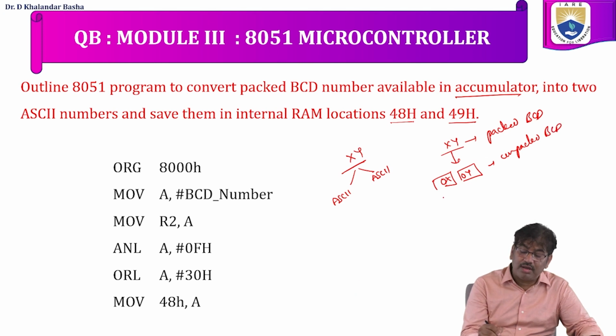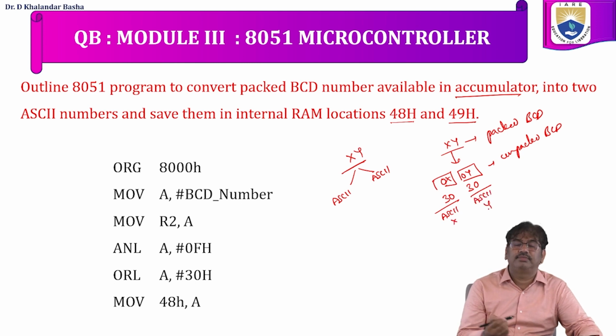Once we get the unpacked BCD, then we will get the ASCII digit of X and the ASCII digit of Y. If you observe here, in this data the upper 4 bits are cleared and the lower 4 bits are retained, whereas for X, the lower 4 bits are cleared and X, which is in the upper 4 bits, is moved to the lower 4 bits.